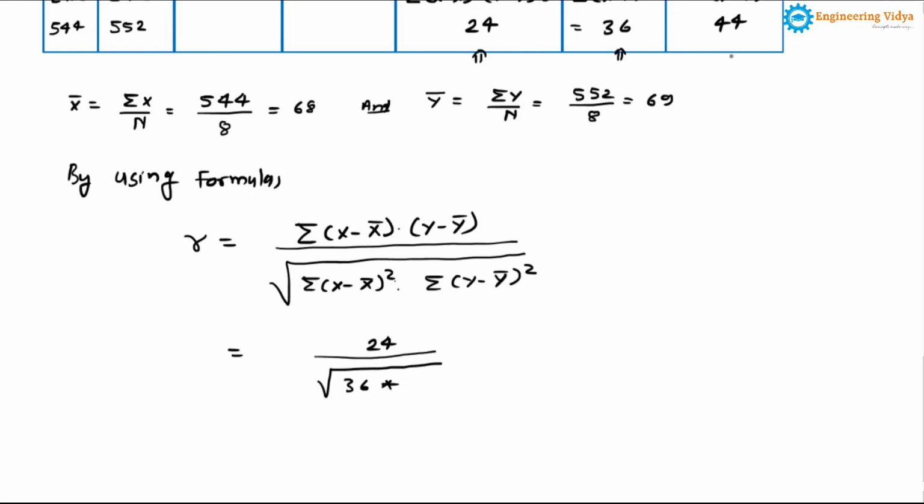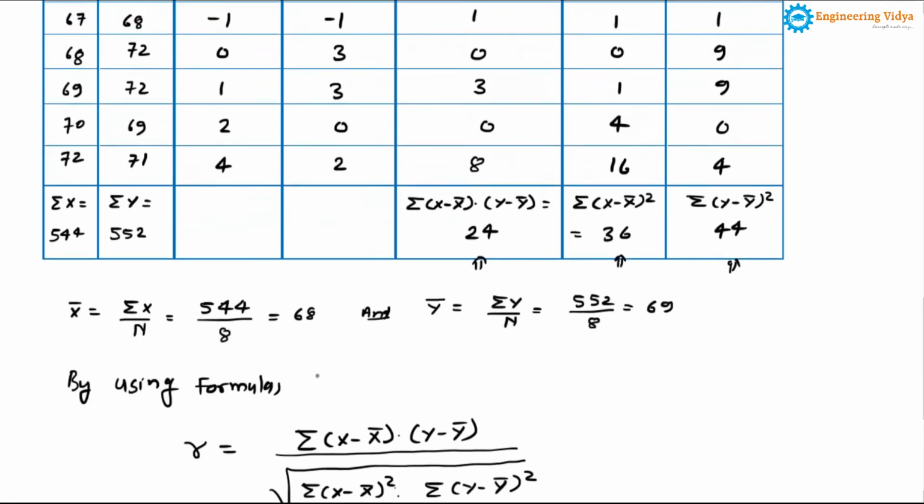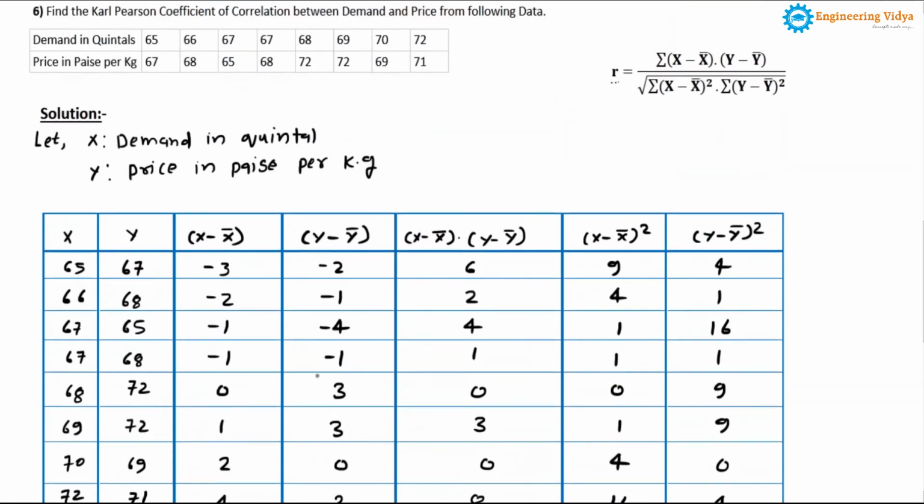Then the summation of y minus y bar square has been calculated, and it's nothing but 44. I hope you understood everything over here. Now after simplification, here you will get 0.6030. So this is nothing but the value of small r, and small r is called the coefficient of correlation, or it is also called the Karl Pearson coefficient of correlation.